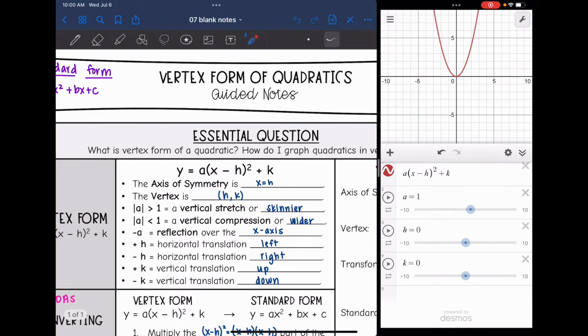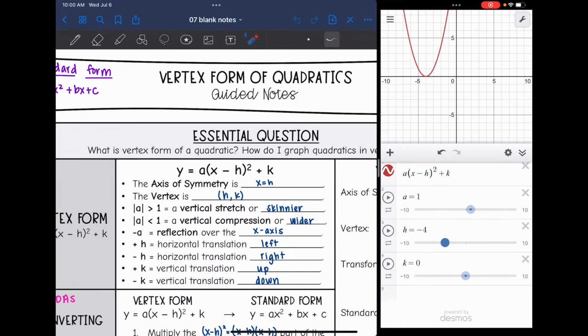But first thing I need you to observe is that in vertex form, we have a minus h. So the first thing I'm going to do is make h on the slider negative, but that's going to be minus a negative h, which is really going to be a plus h, okay? So we're going to look at this plus h first, and the way I'm going to get that plus h is by doing minus a negative h.